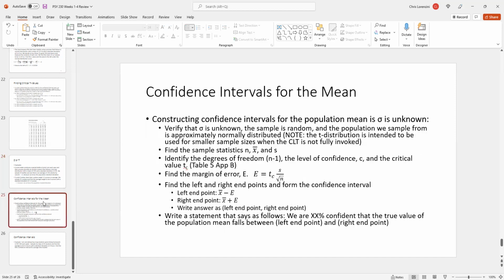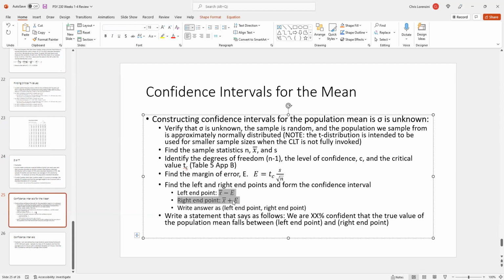Okay. So then, I just wanted to reiterate the confidence interval thing here. When we're trying to find confidence intervals for the mean, we basically take this concept right here. I'm going to take the sample mean, and I'm going to add and subtract the margin of error.